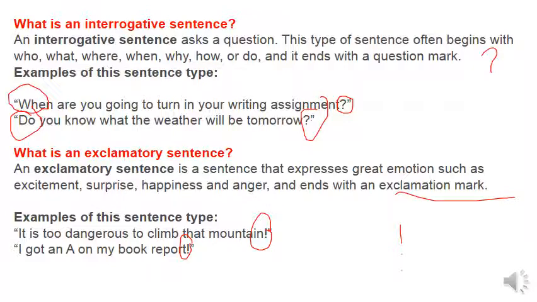So an exclamatory sentence is a sentence that expresses great emotion or a feeling, excitement. It expresses surprise, happiness, anger, and sadness. And as we said, this sentence usually ends with an exclamation mark.